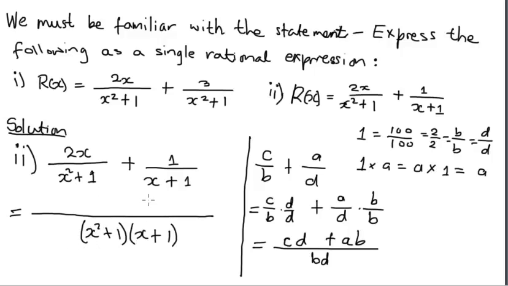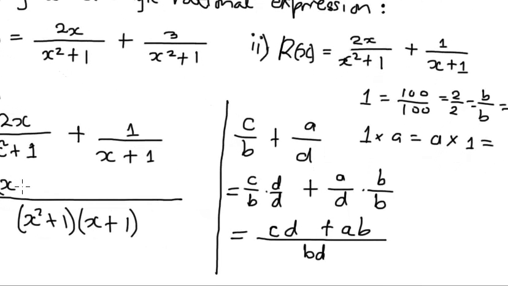Now we use our normal addition of fractions. We divide this common denominator by the denominator x squared plus 1 to get x plus 1, and that x plus 1 will then multiply 2x, like we've got here cd. So we're going to have 2x multiplied by x plus 1.